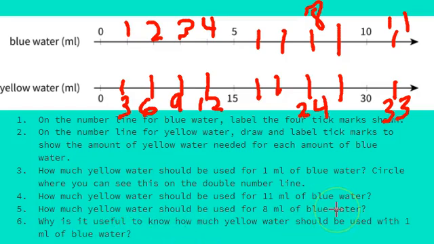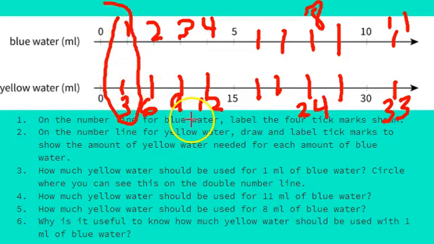And so why is it useful to know how much yellow water should be used with the blue water? Why is it useful to know this back here with this 1 to 3? Well, I hope you see that it makes it easier to convert.